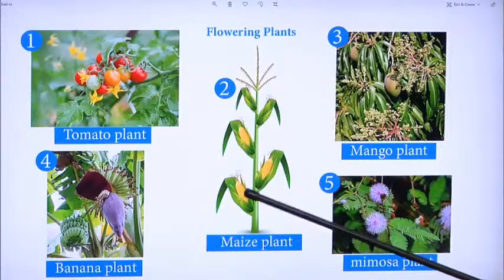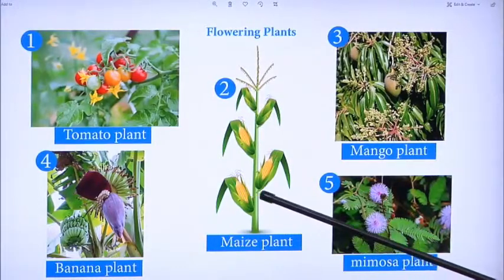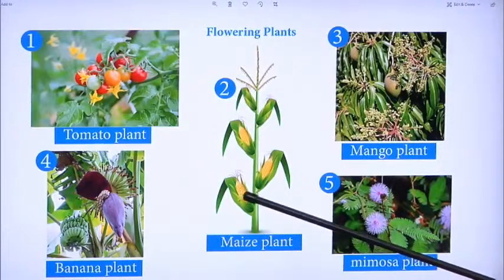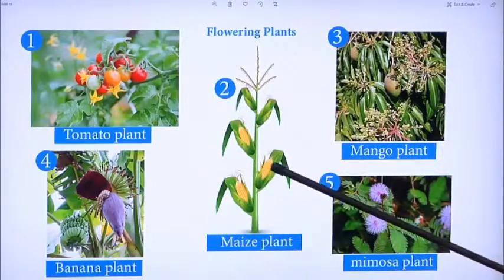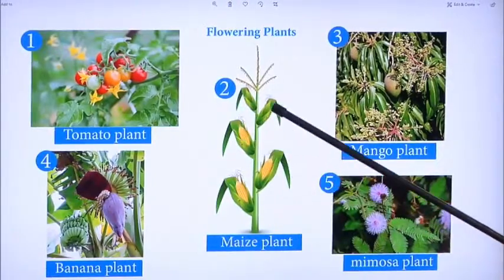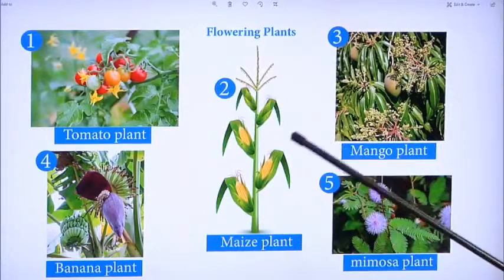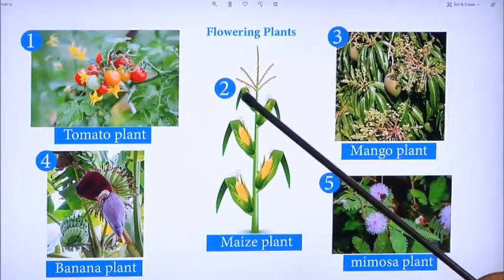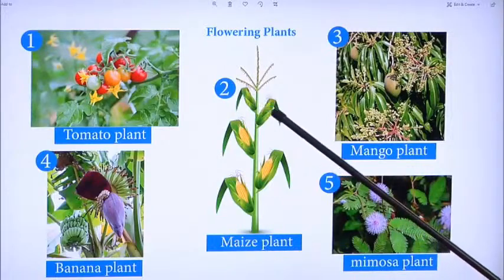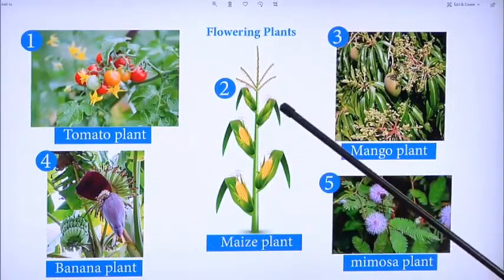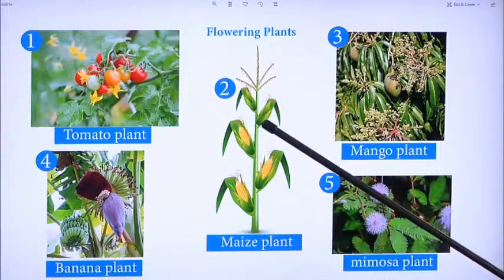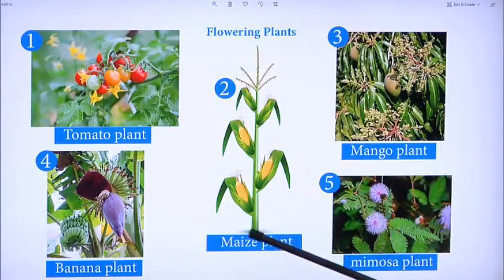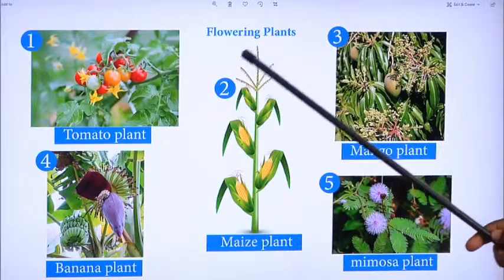Look at this. It is called a cup of maize. Let's see the number of cups. 1, 2, 3, 4, 5. When we look at the ones at the top here, it is green. When we open it, it will be like this. So a maize plant also bears flowers.